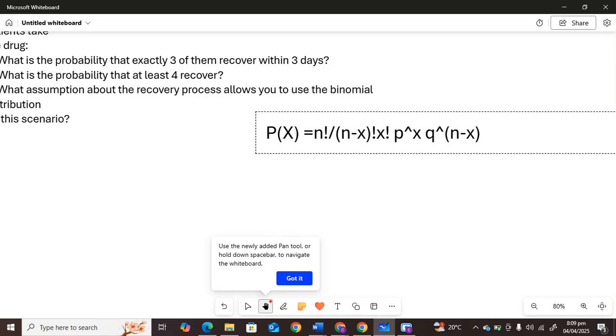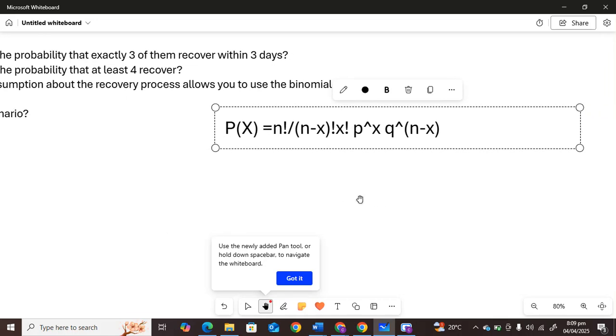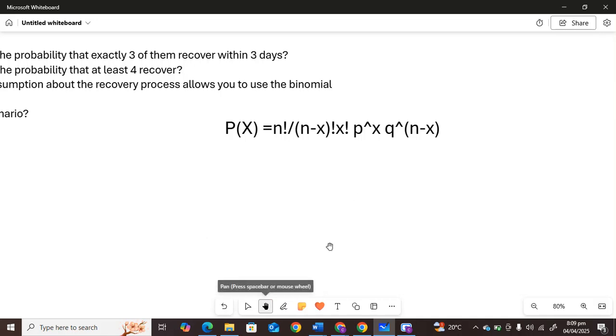So this is the formula of a binomial distribution. I'm going to say what everything means in this formula. Let me just rewrite it so it looks better.